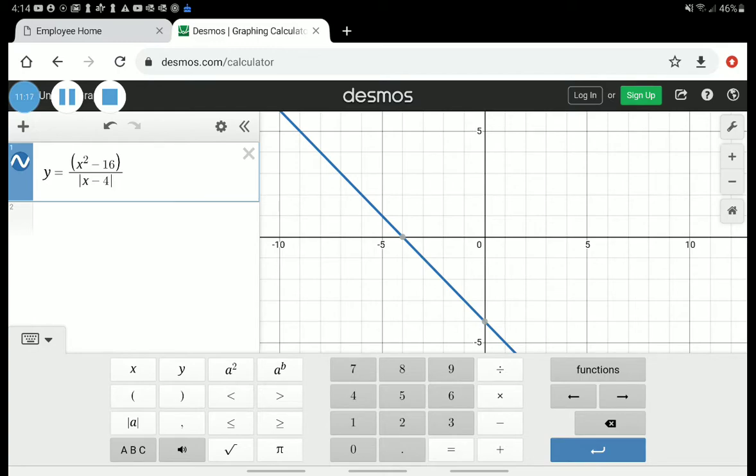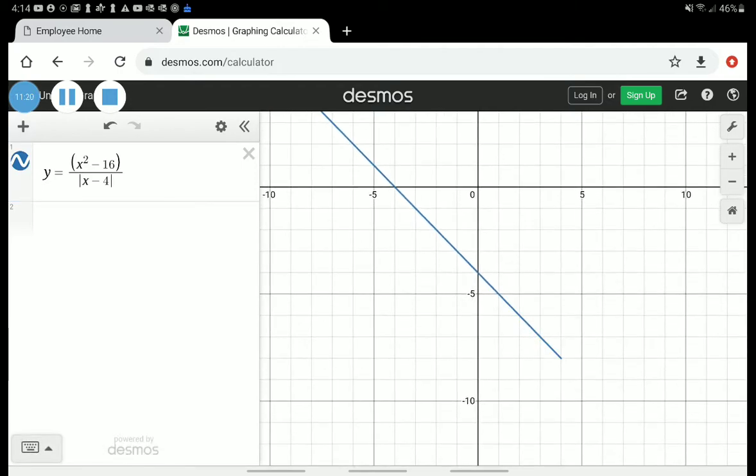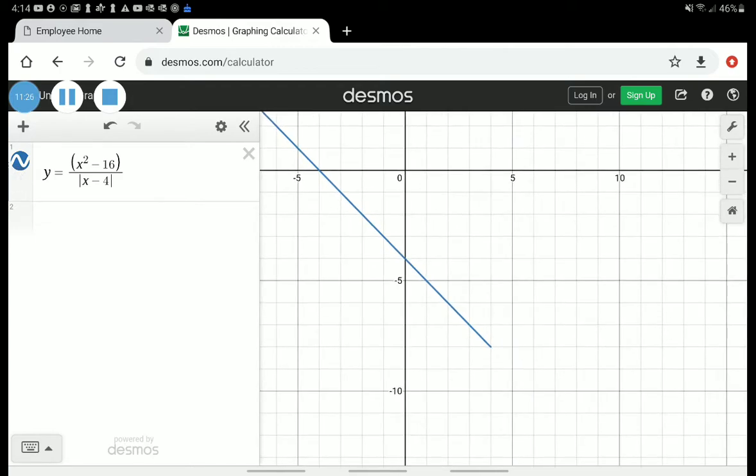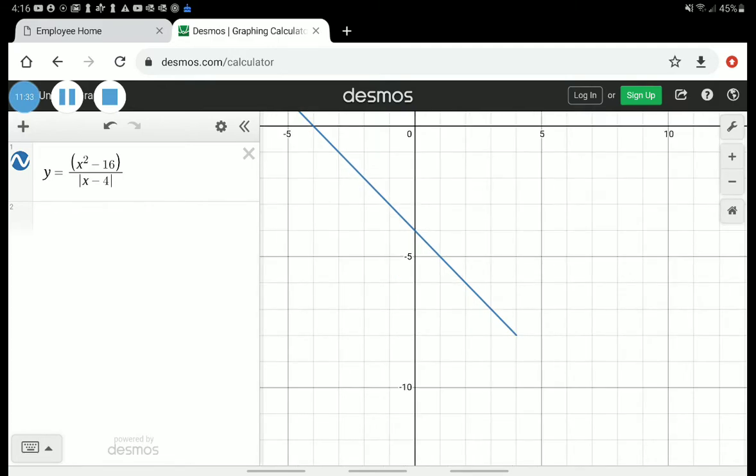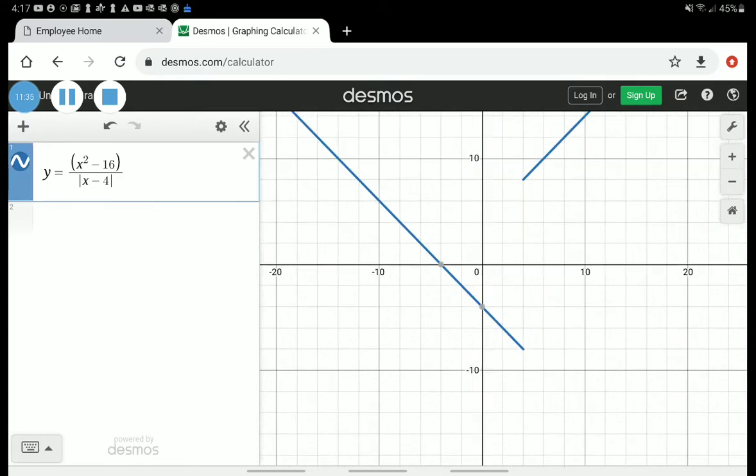So this is going to look like a linear function also. And we want to know what happens as x approaches 4. So I'm going to zoom out on this graph.